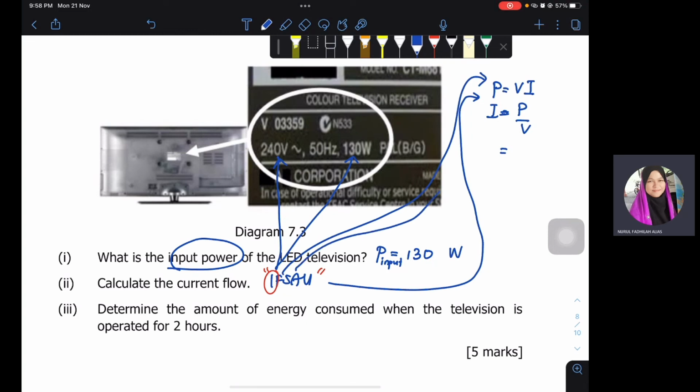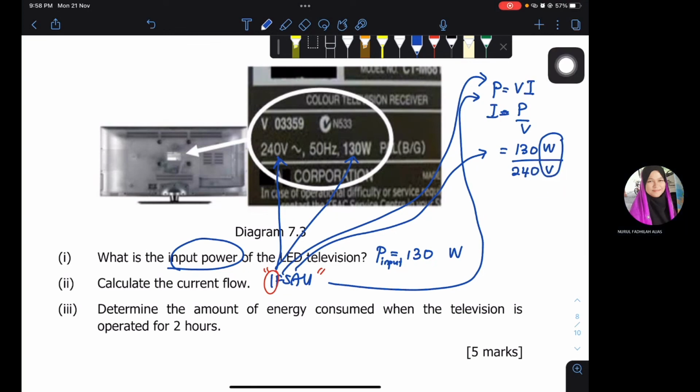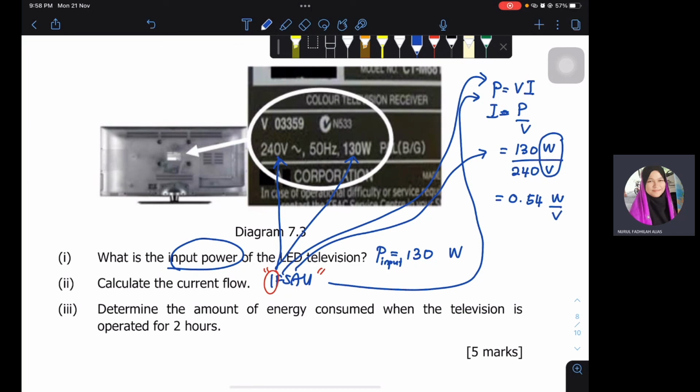Dan sekarang kita nak substitute 130 watt divide by voltage 240 volt. Saya substitute with the unit as well. Then kita dapat tekan kalkulator lah. 0.54. You don't remember the unit, you just leave it like this.